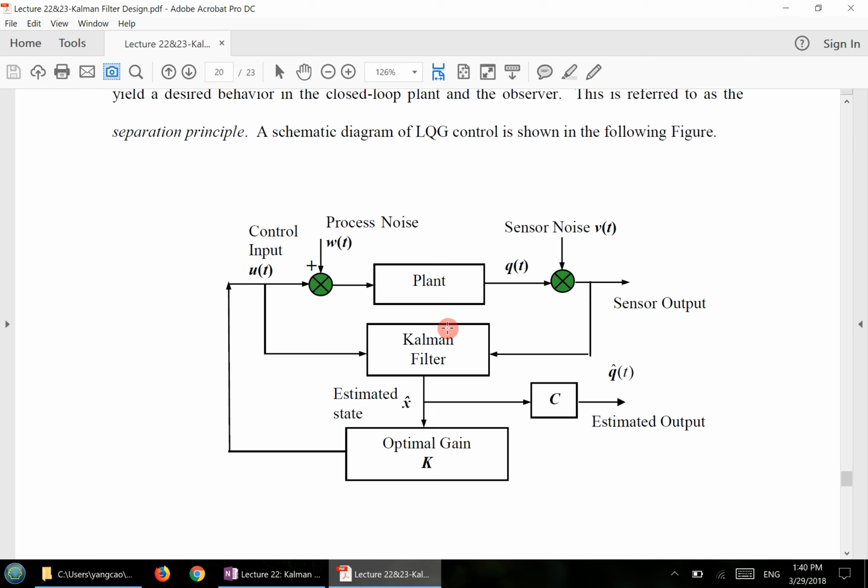So your observer works perfectly for the mathematical model, but doesn't necessarily work perfectly for the actual model. But if you generate your control based on the estimation, and the estimation is not accurate, then there will be certain behavior in the control system outputs.